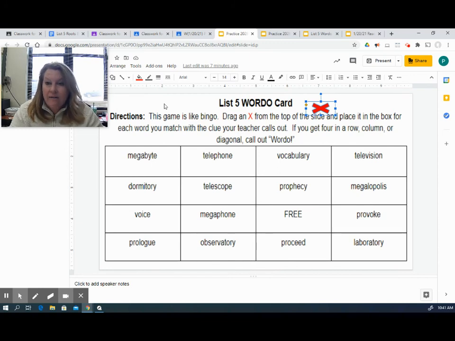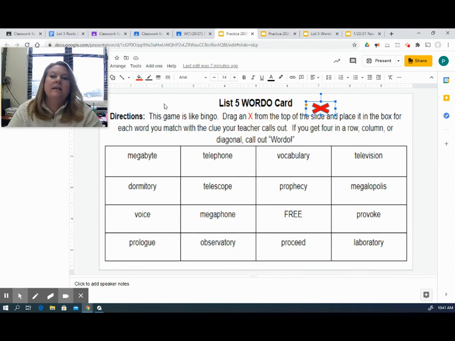And that root or affix is PRO. Again, it's a prefix, so it's going to go at the beginning of words. And the words that shouldn't be marked because I didn't call this when we were playing the game would have been prologue, prophecy, and proceed.